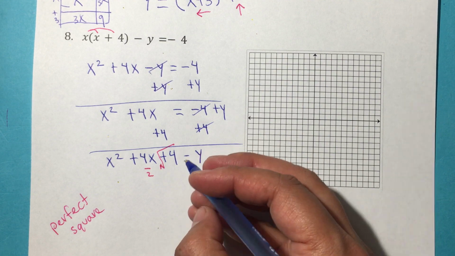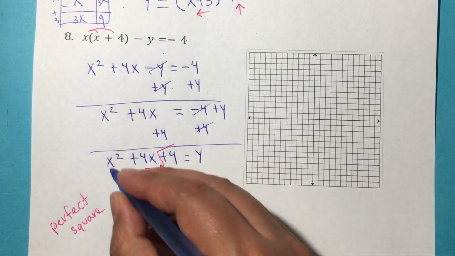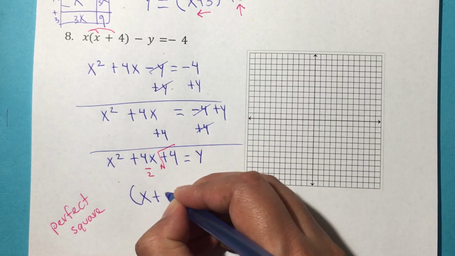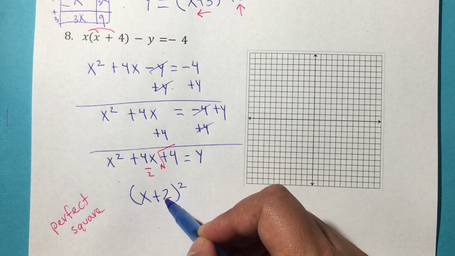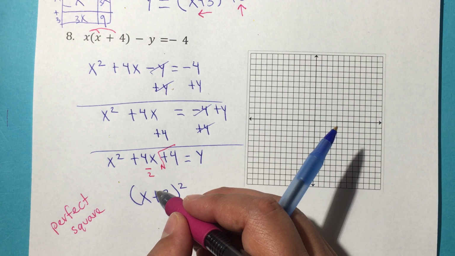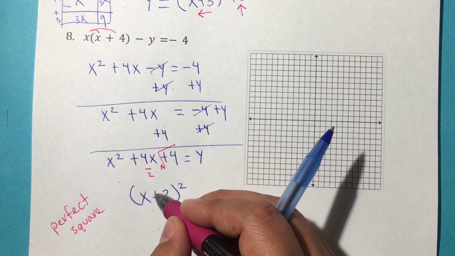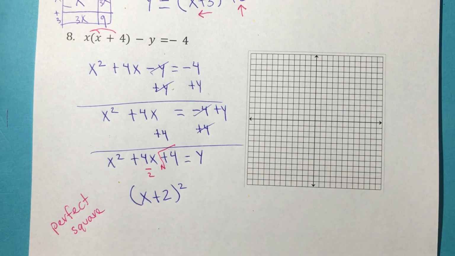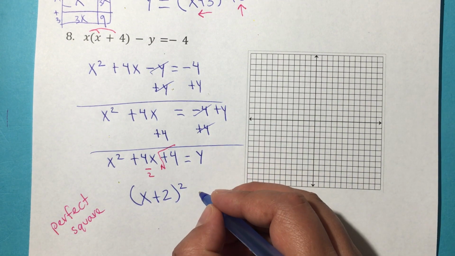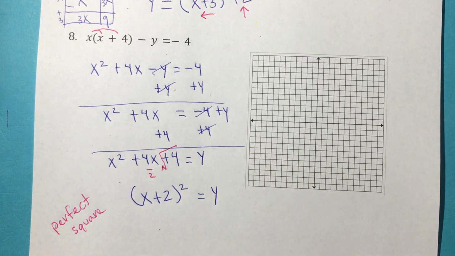Well, 4 divided by 2, just bring down the x, and 4 divided by 2 is positive 2, and the square root of 4 is also 2, which you would have to add. If you didn't have that perfect square, it would be raise this to the second power. 2 times 2 is 4, which is already there. Okay, so we already have the perfect square.